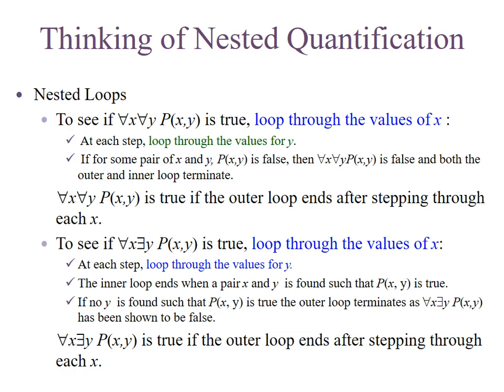Once you examine to the last element, D100, with D1 through D100, and all of this particular logic is true, then we can claim for all x, for all y, P of x, y is true. During the process, if you can find any pair that is false, then the logic is false.